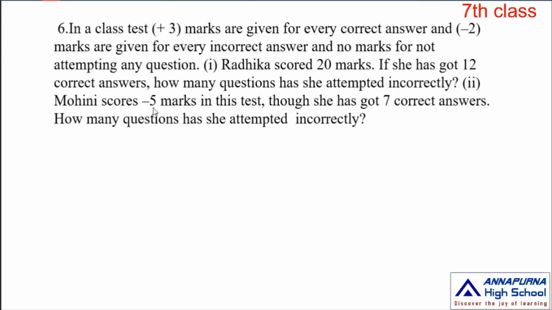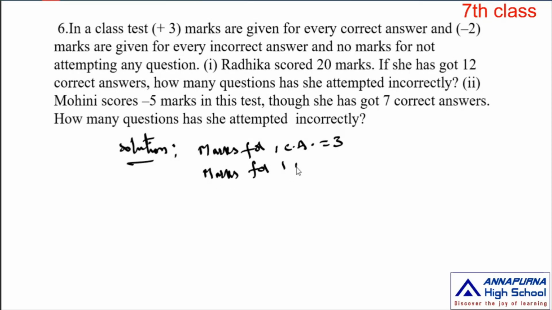What is this? 3 marks for 1 correct answer. This is a very good problem. Marks for 1 correct answer is equal to how much? 3. Every correct, and minus 2 marks means marks for 1 incorrect answer is equal to minus 2.